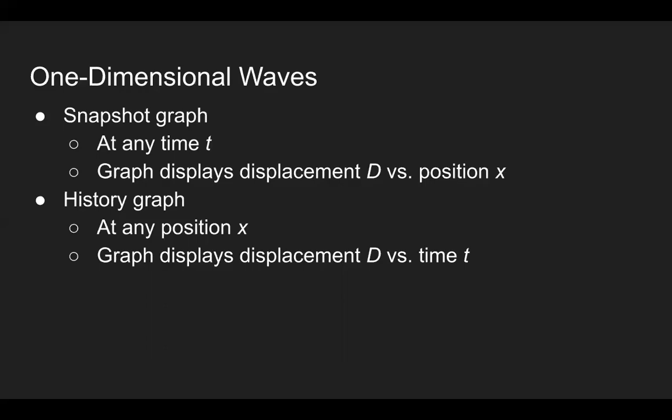On the other hand, the history graph looks at particular positions and shows the displacement versus time. If my eyes are fixated on one point of the slinky, it changes position or displacement over a period of time, which I can plot as the history graph. Let us now go over an example.